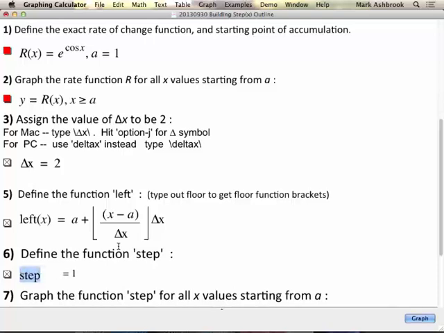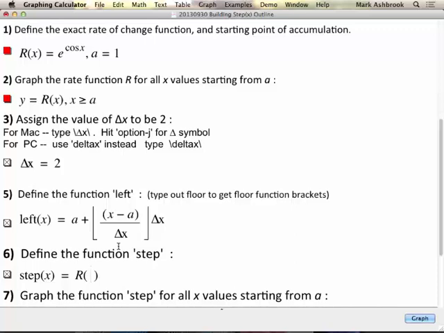Okay, how do we get the step X function? We want the rate where? At the left side of the current interval. That's going to give us step. We want the rate. And how do we get the rate at the left side of the current interval? What are we going to put into the rate?